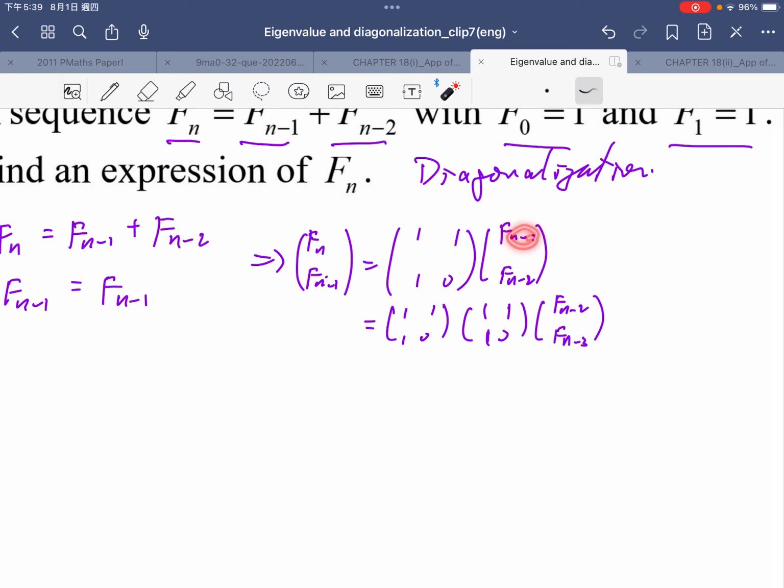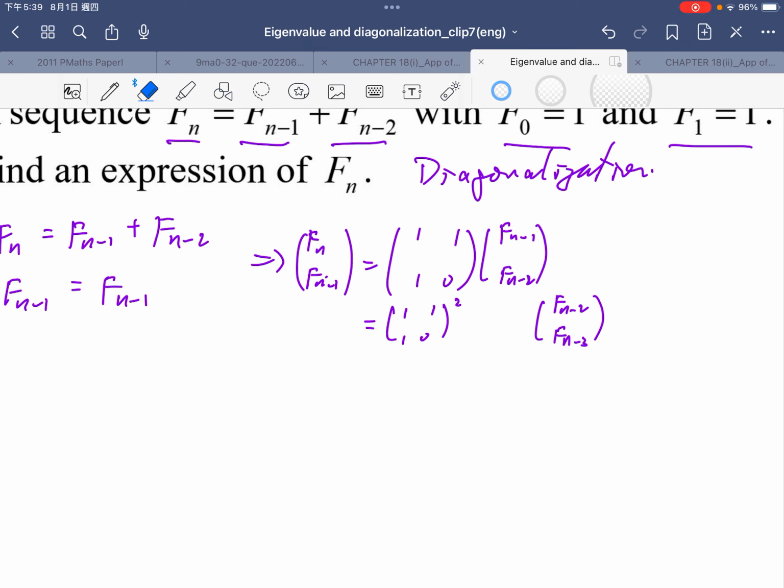The index is reduced one more step, and one more matrix comes out. Therefore, this is the matrix to the power 2.